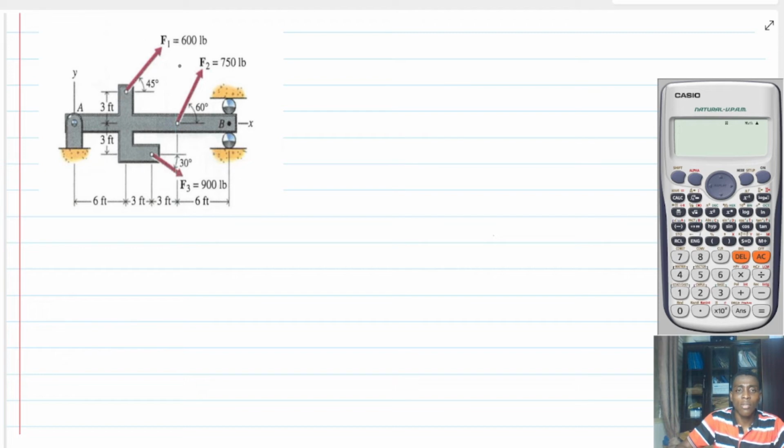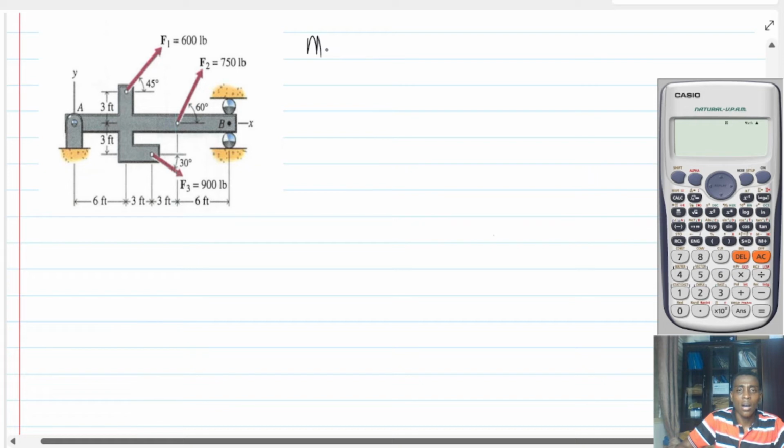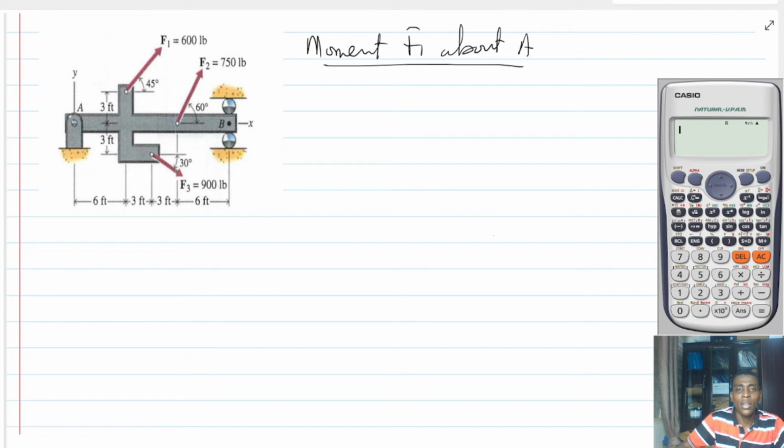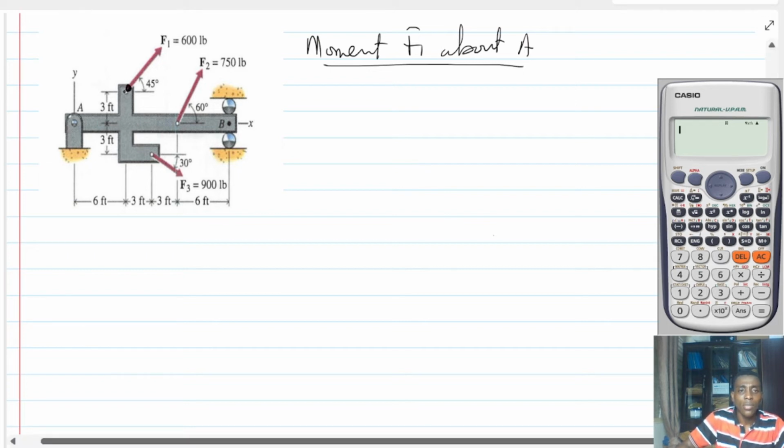So starting with F1, the moment of F1 about A. Is that right? So for F1, I will resolve this into the horizontal and vertical components. That is the principle of moment.